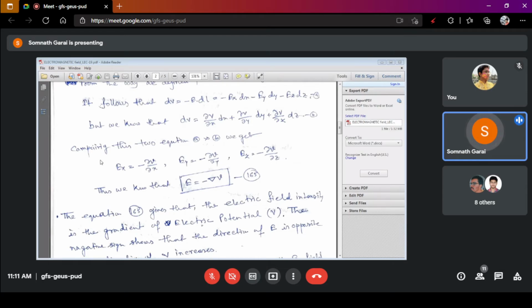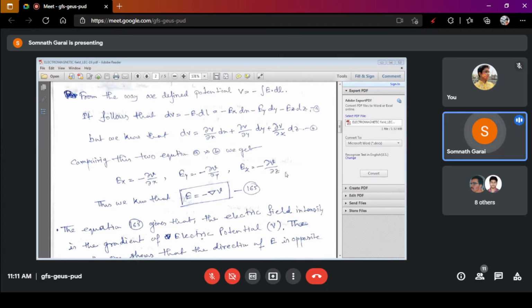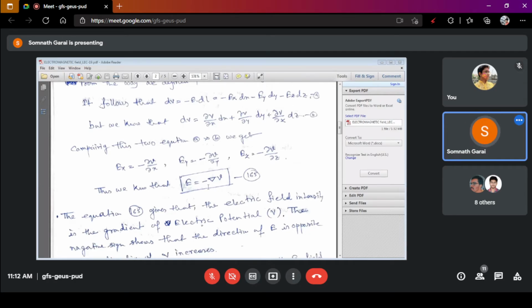So after comparing these equations, we can write that the electrostatic field E is equal to minus del V, and this represents the gradient of the electric potential.